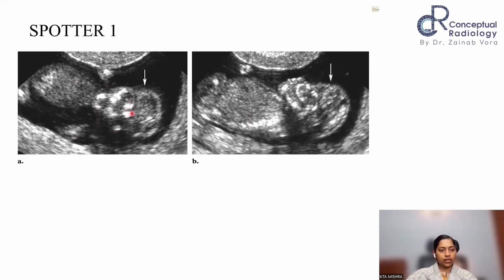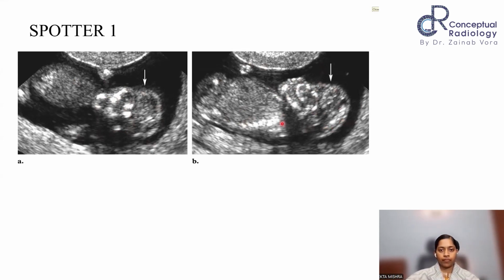What are these? The hyperechoic structures. What are these? So these are the bones. And do we see any bony structure in the region of head? No, we don't see that.